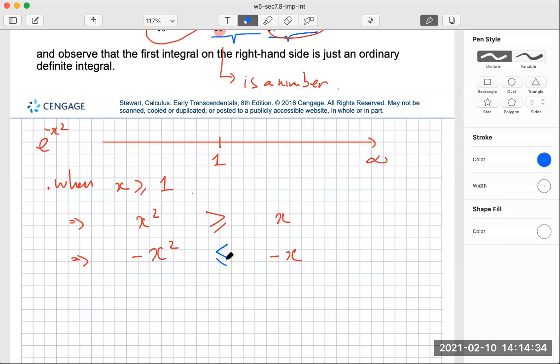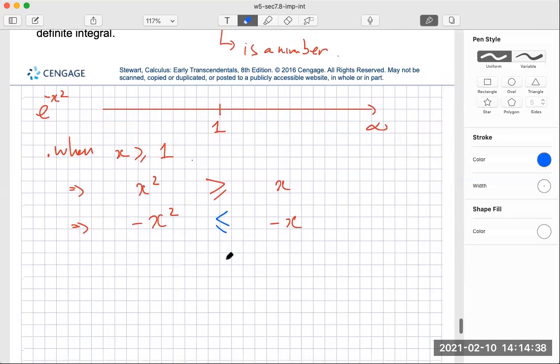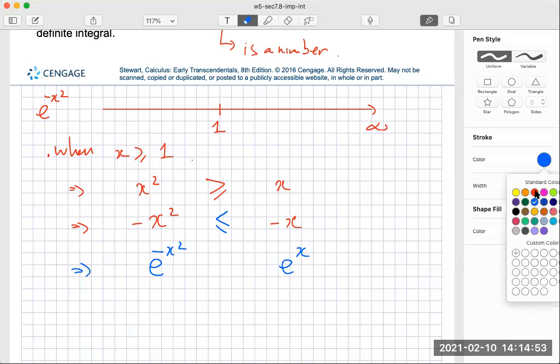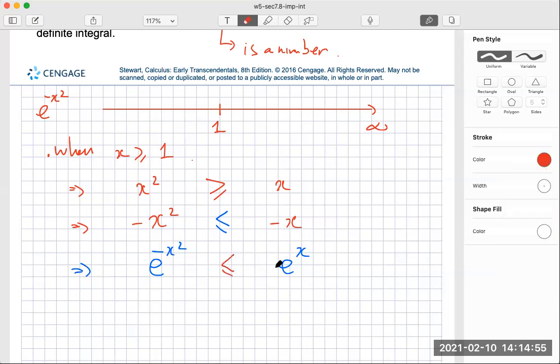Yeah, smaller, right? Okay. And the power law, e to the this guy, which one is bigger? Yes, e to the negative x is still bigger, right? So, very good.